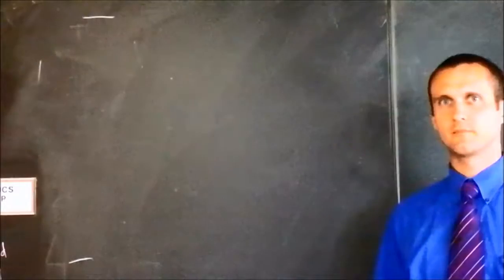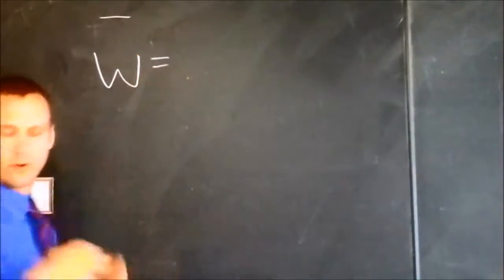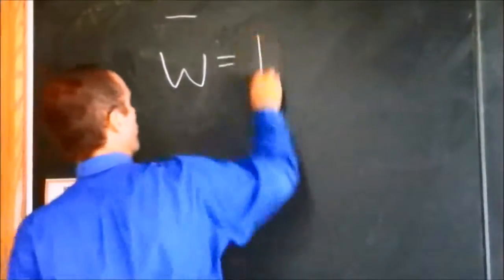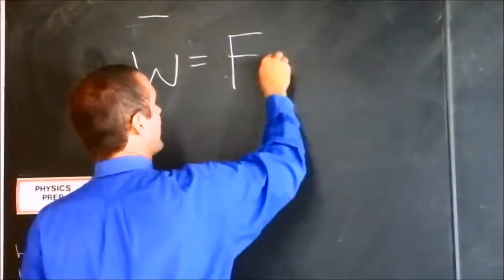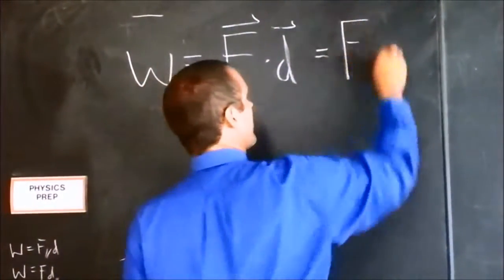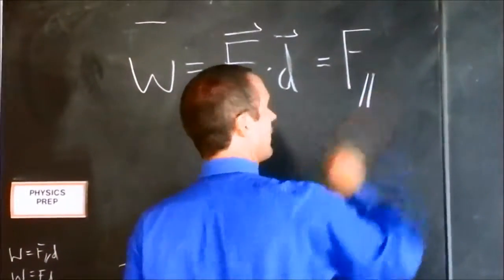Cool? So a couple more things on work. If we don't consider the integral form of work, then we can say that work is F dot D, just like last year. Then we can expand that and say maybe we don't want the full force, we just want the force that's parallel to the distance.